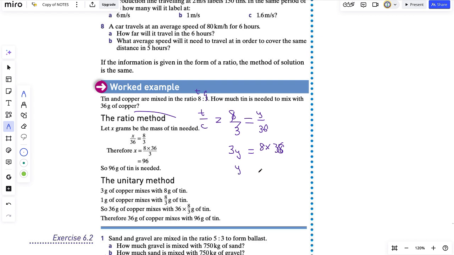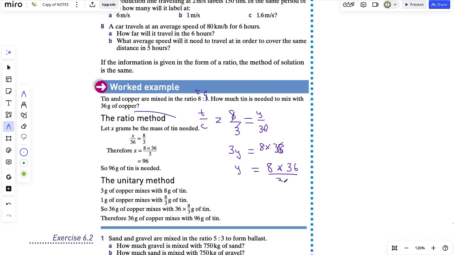So Y equals 288 divided by 3. Or you just write it, 8 times 36 divided by 3.